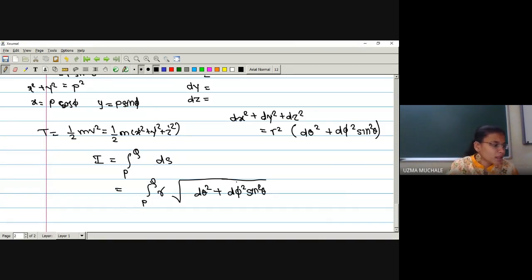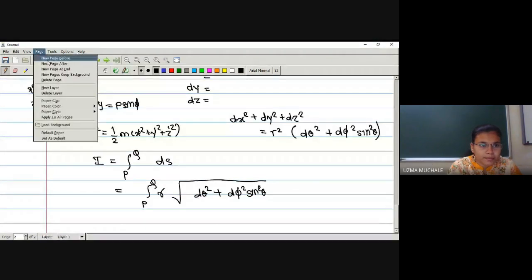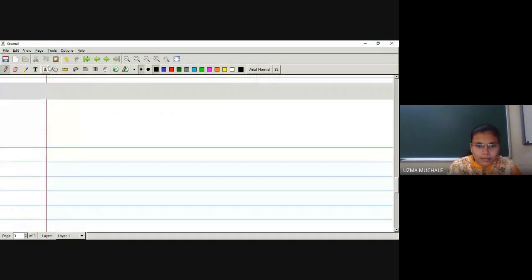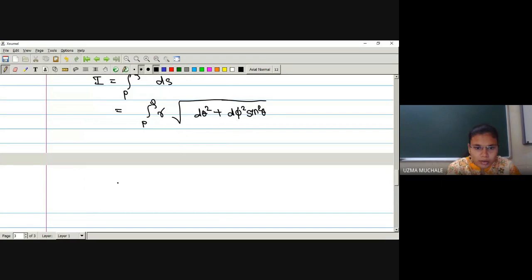Okay. Now what I have to do? I will take d theta common. Okay. So if I take d theta common, what do I get as the result? As r is a constant term, I can take it outside. So what do we have inside the integration? R is a constant term.